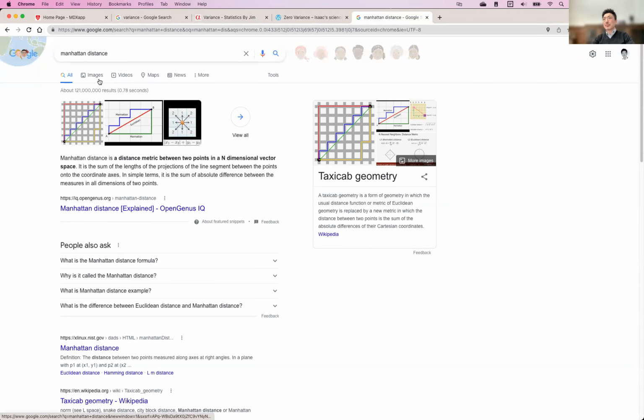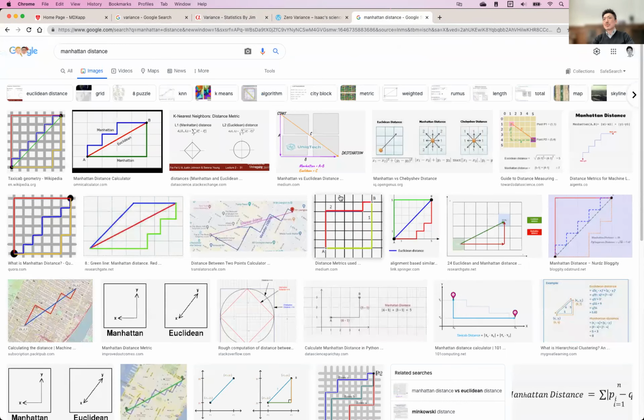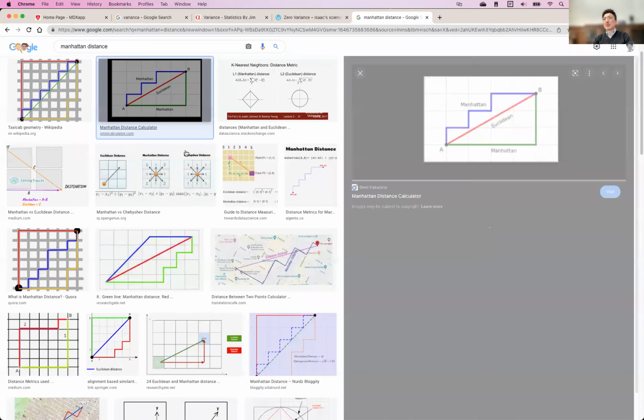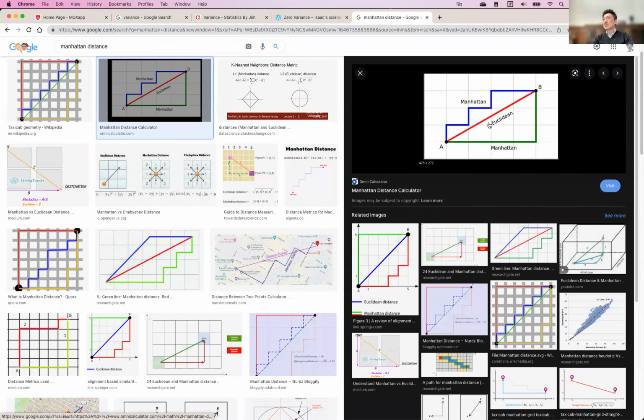Maybe just like this. So you need to travel from A to B. This is the Euclidean distance. And the Manhattan distance is where you can only travel along the X or Y directions. You can't go in, say, diagonal directions. That gives you the Manhattan distance.